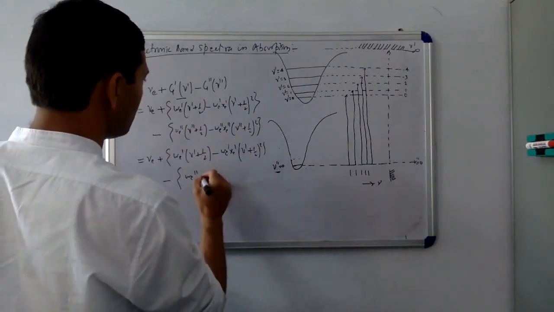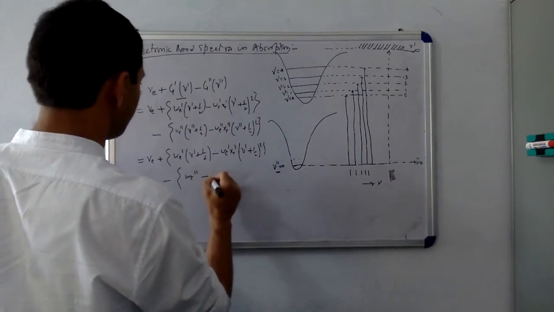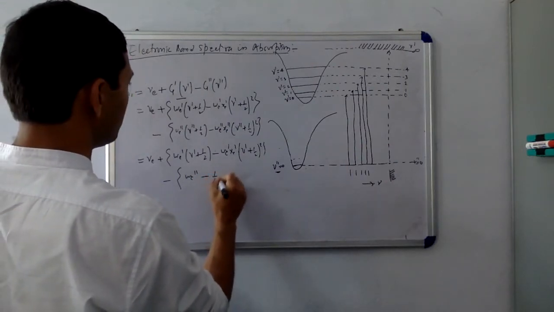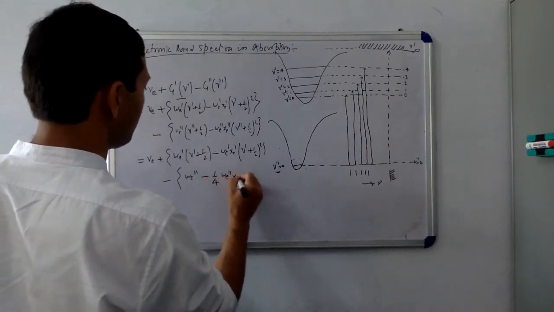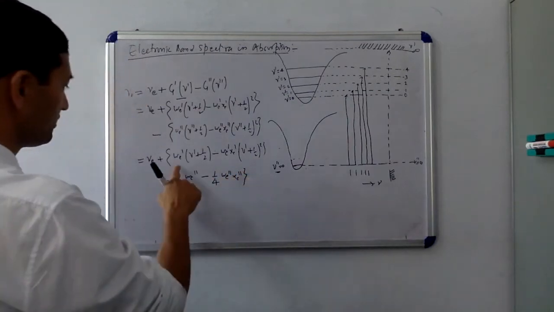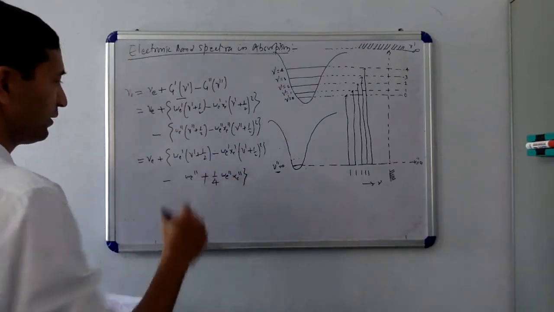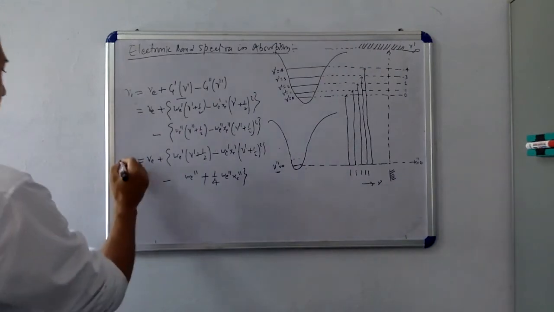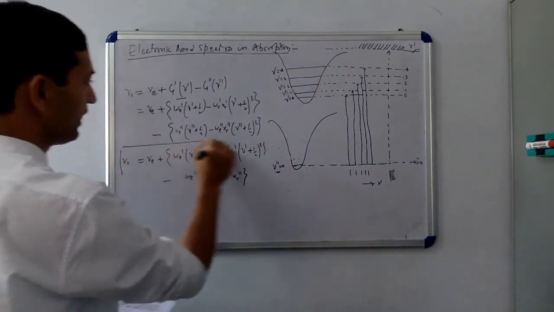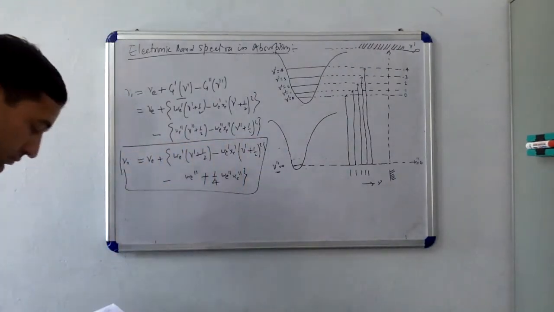Then you have plus or minus 1/4 ωE'' xE''. And once you take the minus sign, this will be positive. Now this is the expression for these transitions, the progressions.